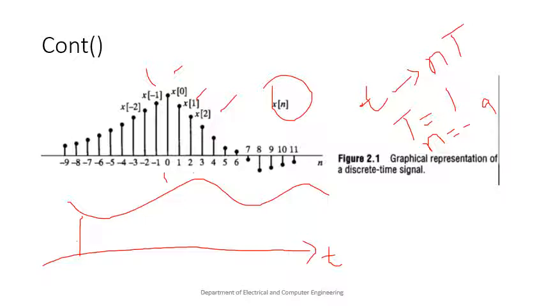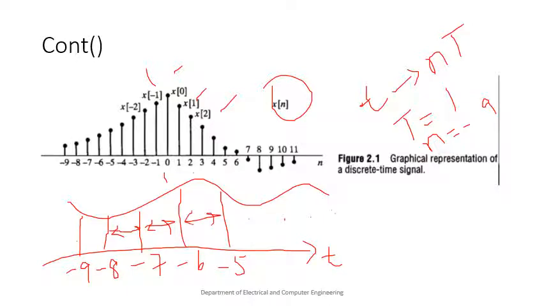Then n increments and goes to minus 8. So this is minus 9, this is minus 8, then minus 7, minus 6, minus 5, and this goes on. This is periodic sampling. You see the gap between these samples is the same, which is why we call it periodic sampling.